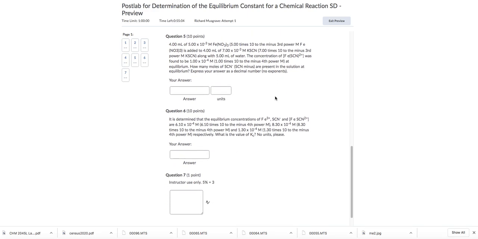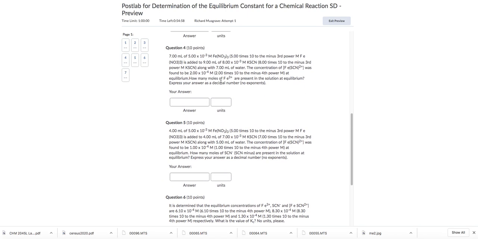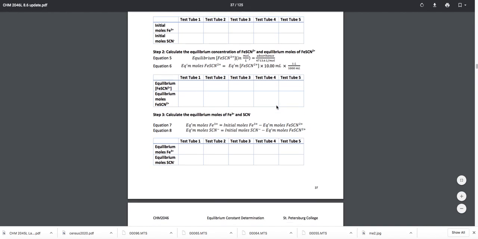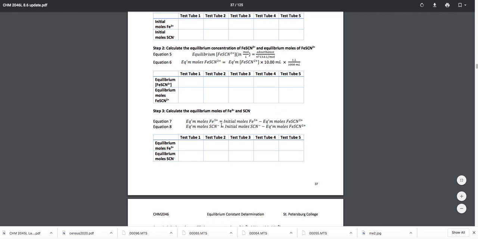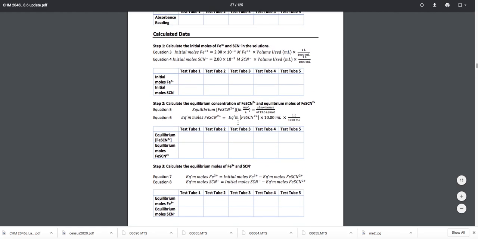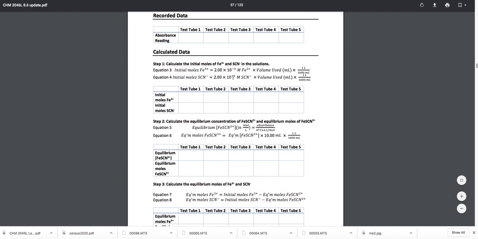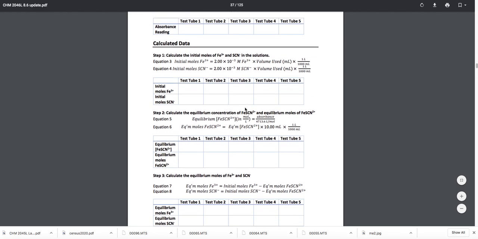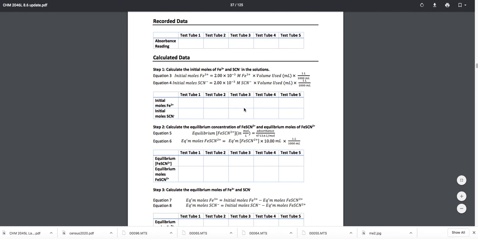Then we're interested in the equilibrium moles of Fe3+ and the SCN-, and both of those are here as well. And you can see that the way we calculate that is to calculate the initial moles of Fe3+, which is done per what we did up here in equations 3 and 4 for both Fe3+ and SCN-.